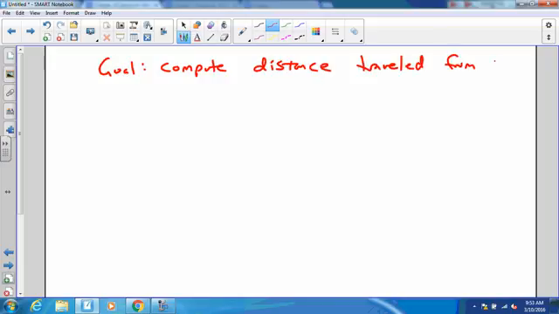So our goal here is to compute the distance traveled from 0 to time t. Let's do this generally for a curve here. If this is t equals 0 right here, and this is t equals t final right here, what I want to do is to compute distance. You remember that we did this before, and we did it by approximating our curve with line segments.